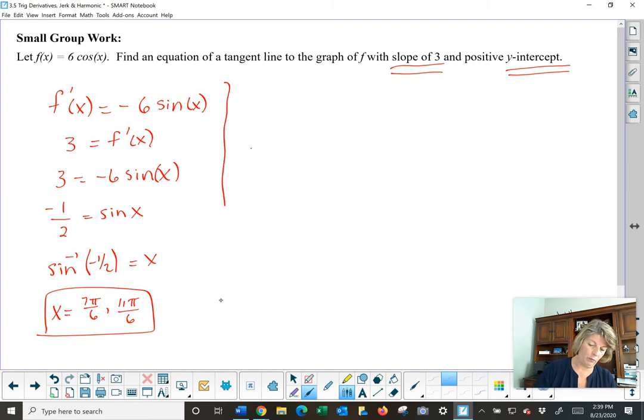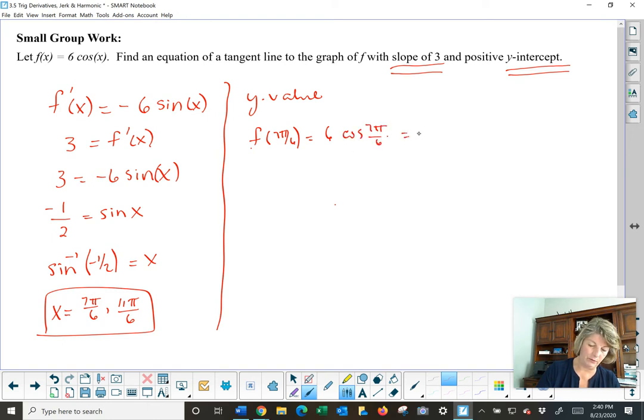I want to find the y value. And the y value would be f of 7 pi over 6, which would be 6 cosine of 7 pi over 6.